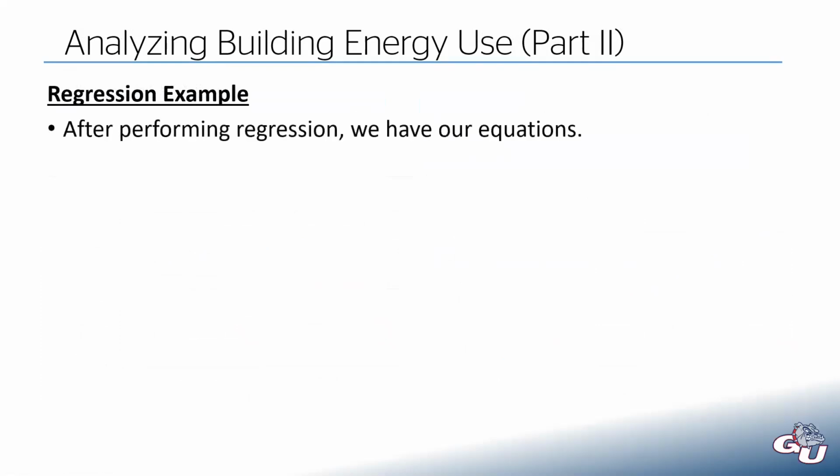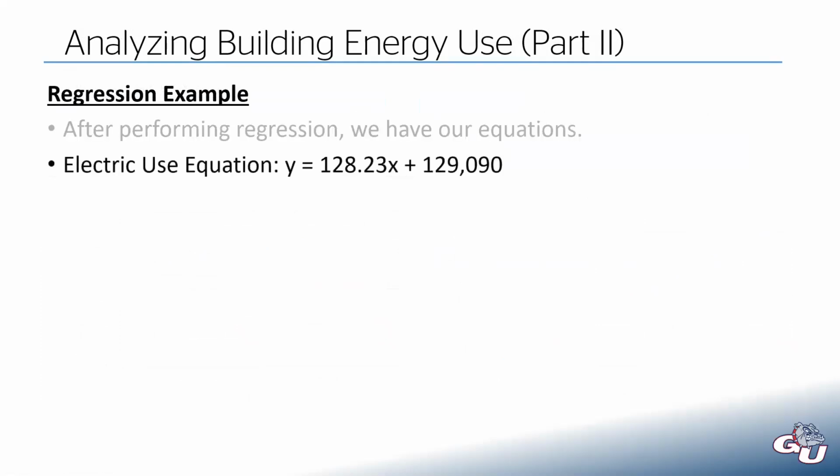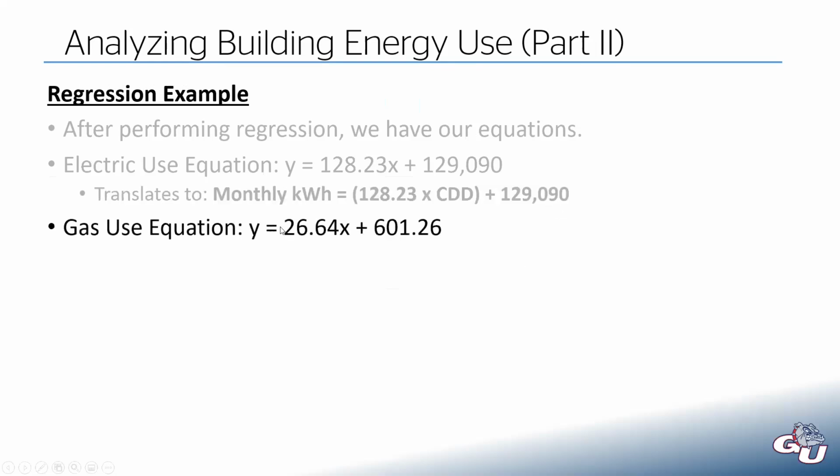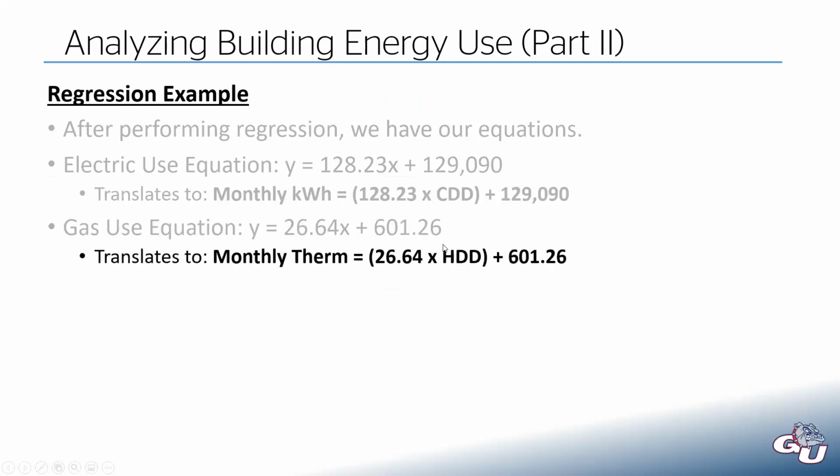So after we do that, we have our equations. On the electric side, this translates into 128 kilowatt hours per degree day, plus that 129,000 base use. On the gas side, it translates to 26.6 therms per heating degree day, plus 600 therms base use.